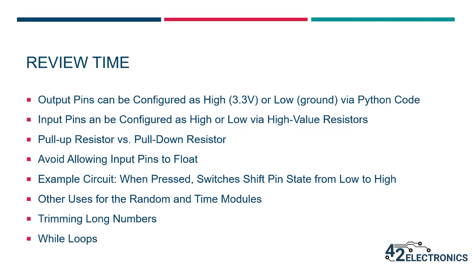Okay, so in this video, we talked about other uses for the random and time modules you worked with previously. Specifically, we looked at how to set a range of numbers the random module could choose from, and we looked at how to use the time module to measure how long a process takes in Python. Those time measurements turned out to be really precise, so I also walked you through the code you can use to trim down those long numbers to whatever number of decimal places makes sense for your project.